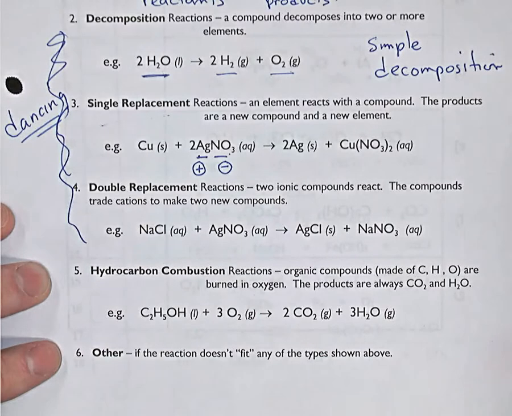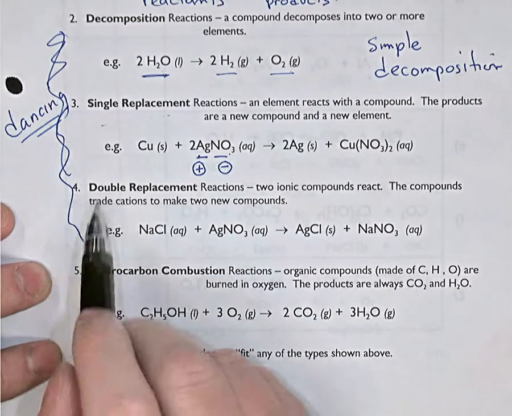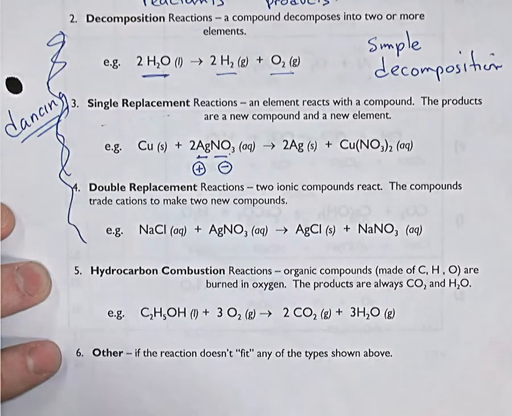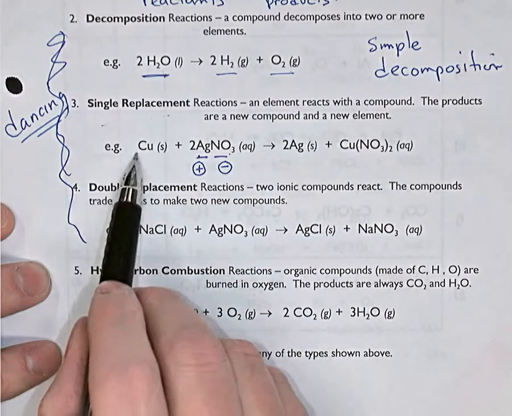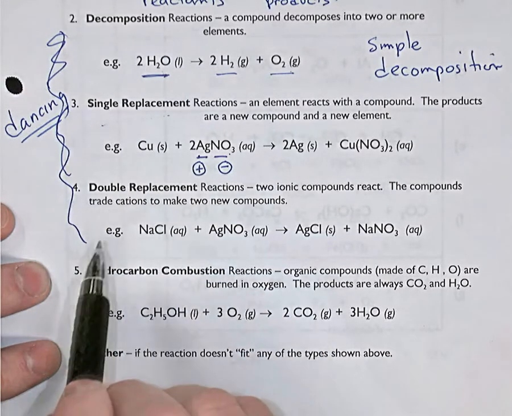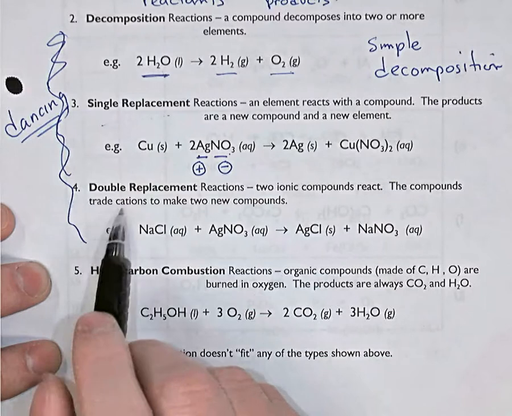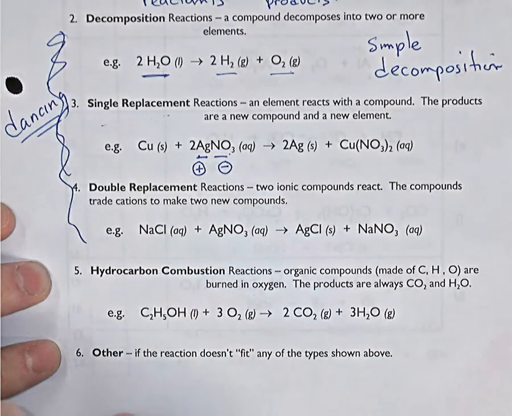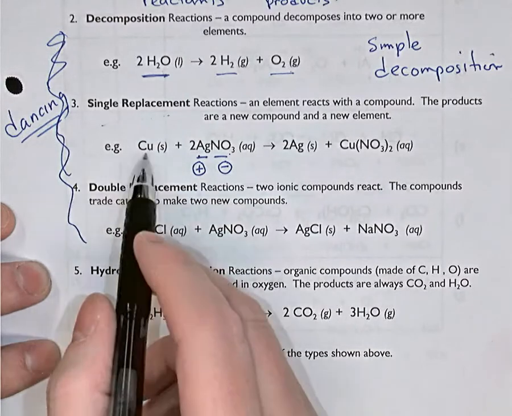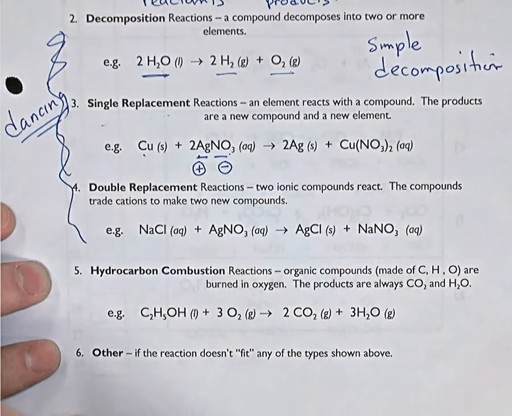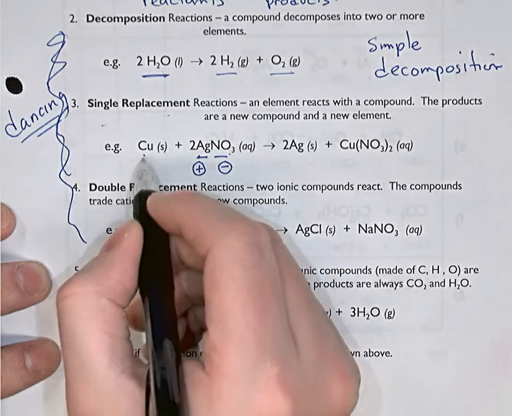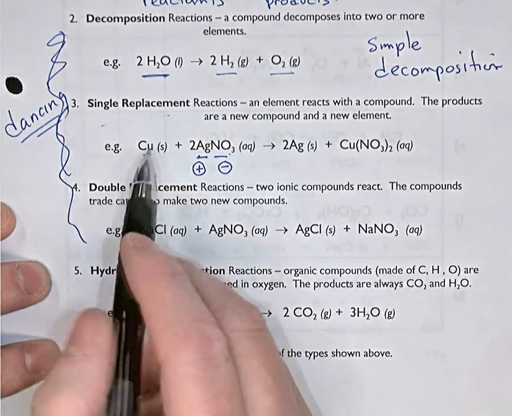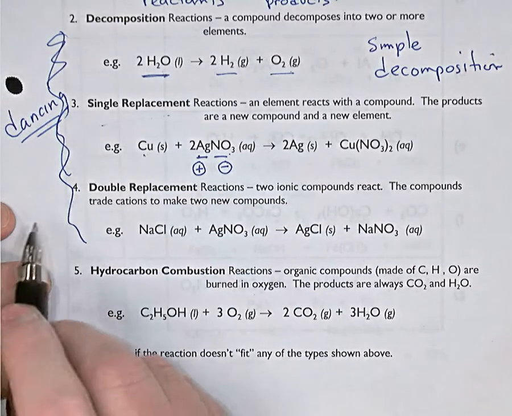They're dancing together. Copper over here is just an element. Right now he's neutral, and he's going to go in there and ask one of these two people to dance with him. Okay, so you have a couple dancing. Copper's going to go in and ask one of them to dance with him. Right now, the copper has no charge. We can tell that there's no charge written beside it.